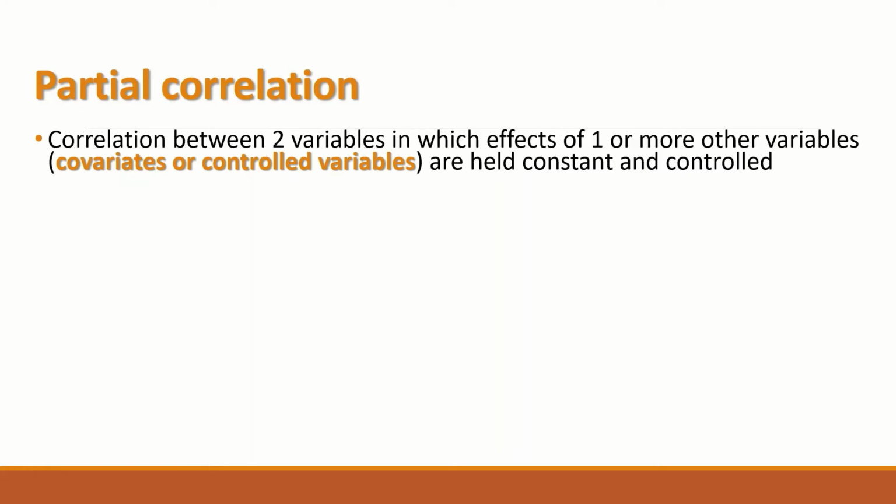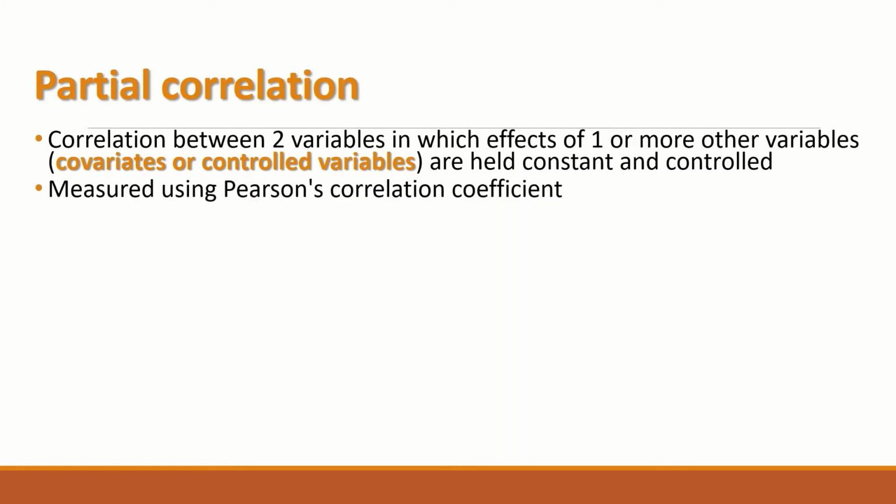So you have two variables and a covariate, and you will control or remove or exclude the influence of those variables on the original two variables. The test done in this case is called partial correlation.